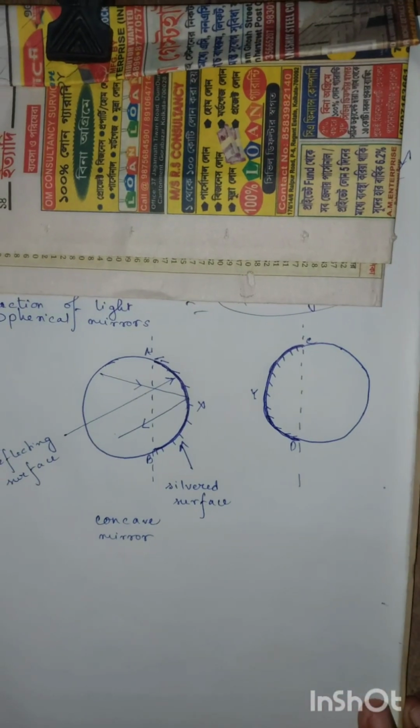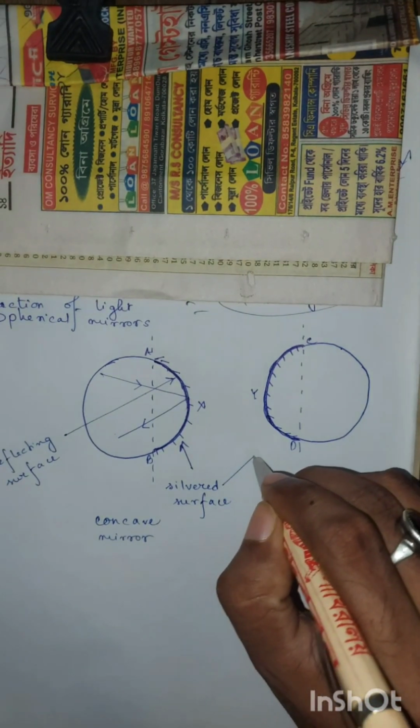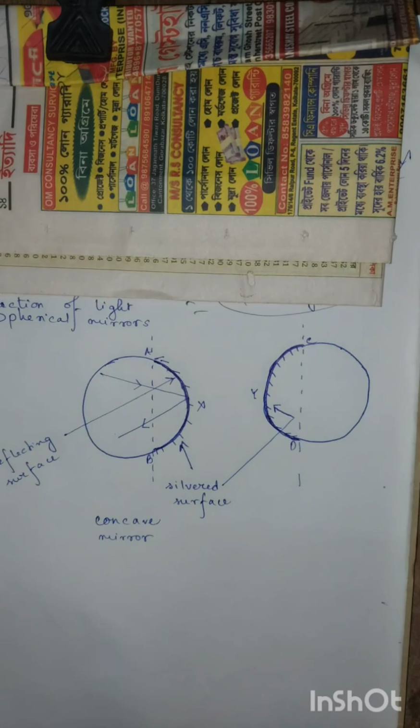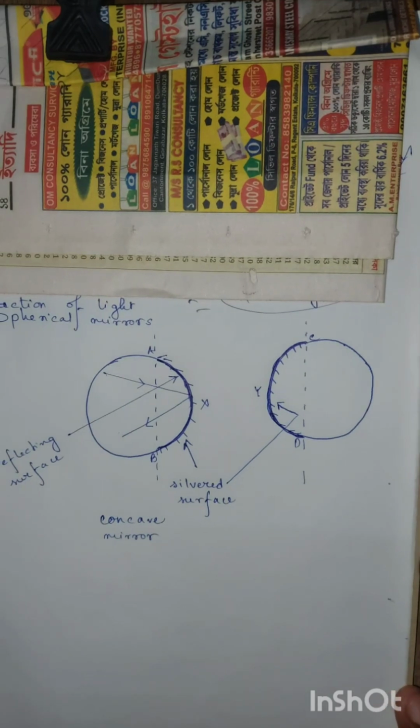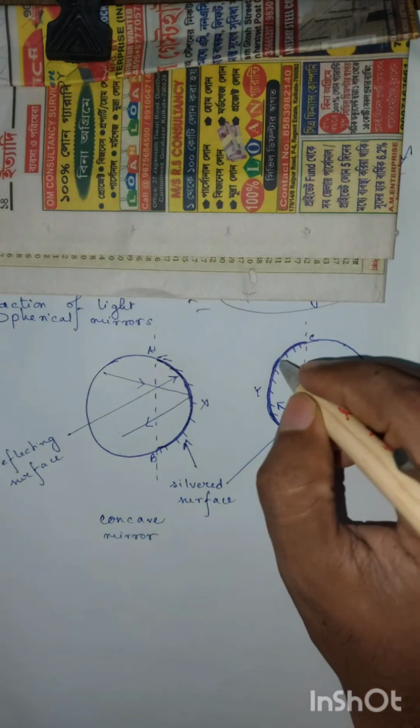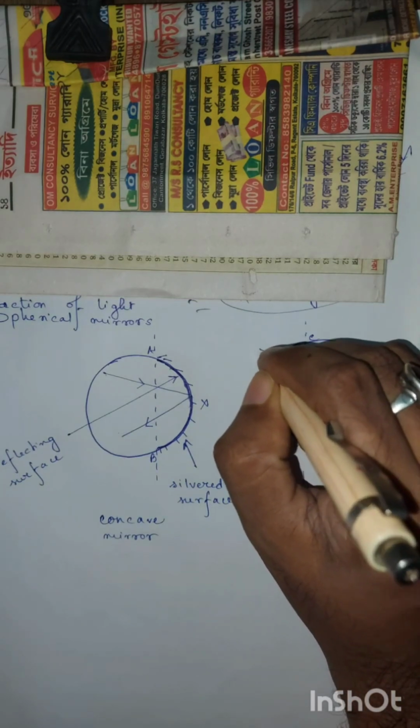Okay, so this is our silvered surface, and this is our reflecting surface.